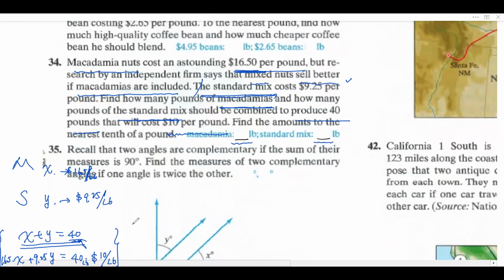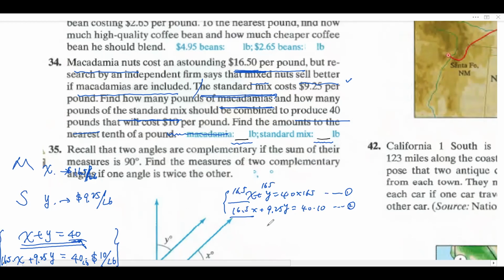So let's find out here. We build x plus y equal 40, right? So 16.5x plus 9.25y equal 40 times 10, right? You can get this answer quickly. If you multiply the first equation by 16.5, all right, so here is the same. Top minus bottom. Here x disappears, right? What about y?